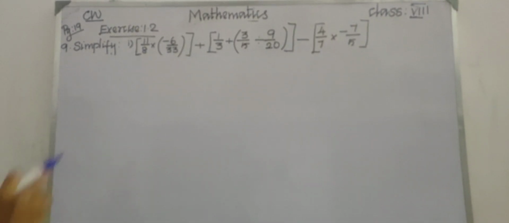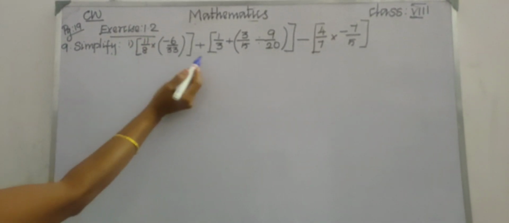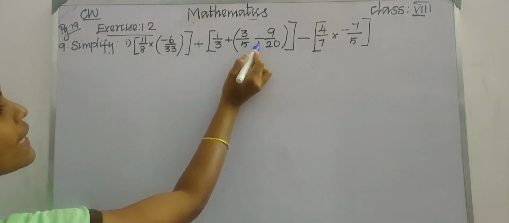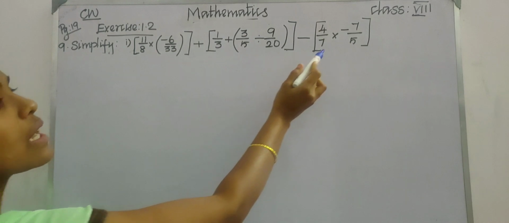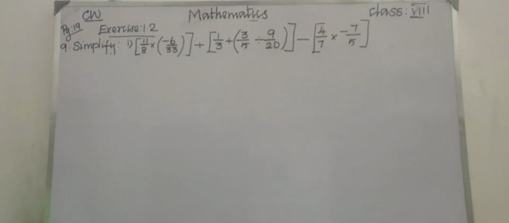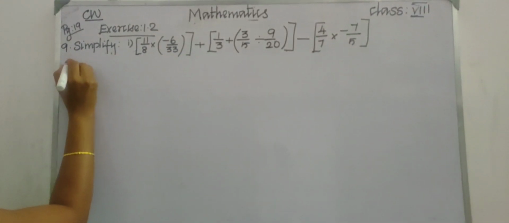So simplify 11 upon 8 into minus 6 upon 33 plus 1 upon 3 plus 3 upon 5 divided by 9 upon 20 minus 4 upon 7 into minus 7 upon 5. Okay, let us solve this. Okay, so let us write the question, same question again.